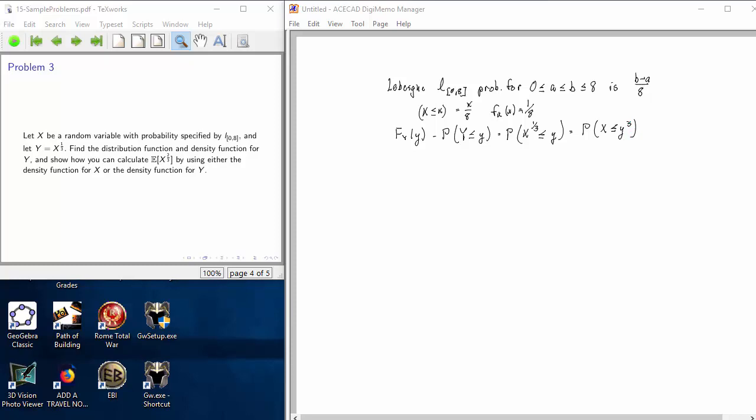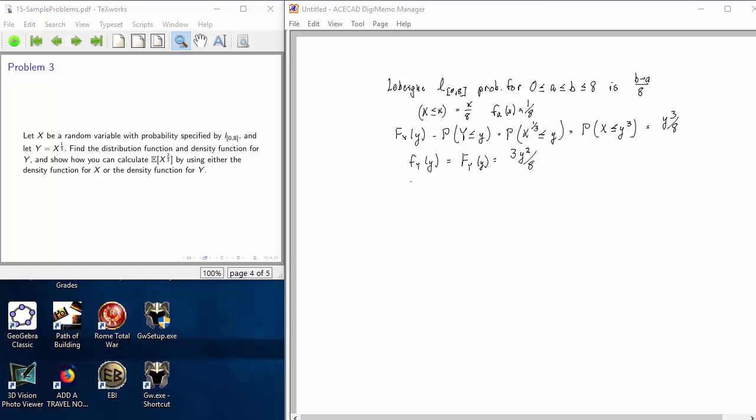And since we know the probability distribution function for x is specified by Lebesgue measure, this is y cubed over 8. If I want the density function, I just take a derivative, and I get 3y squared over 8.